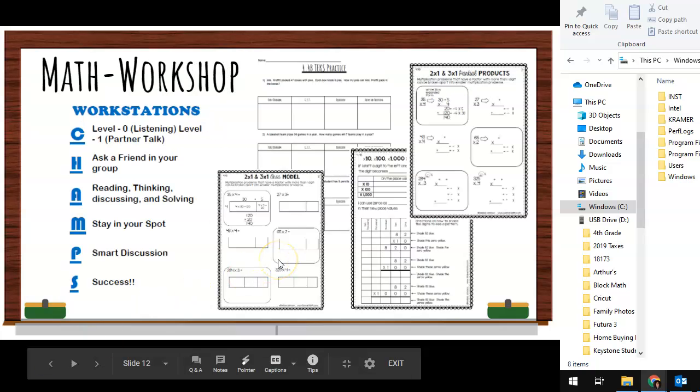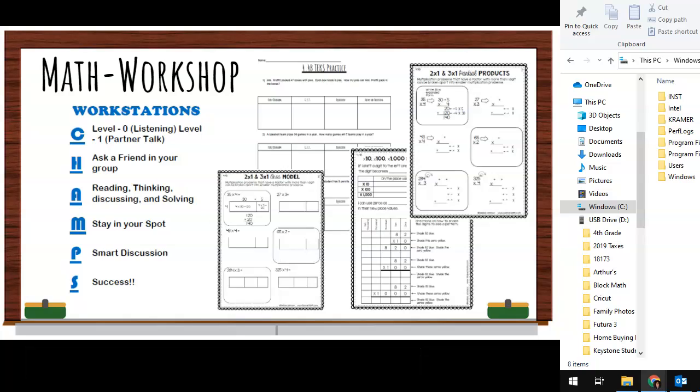All right. So we are working on math workshops now. I am going to check and see. Oh, I'm looking at the wrong thing. Okay. All right.